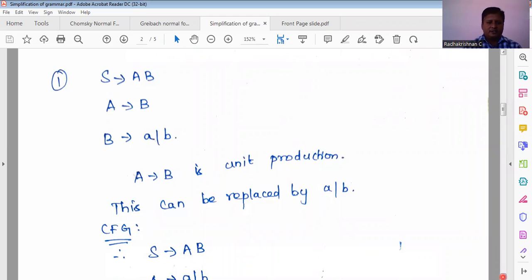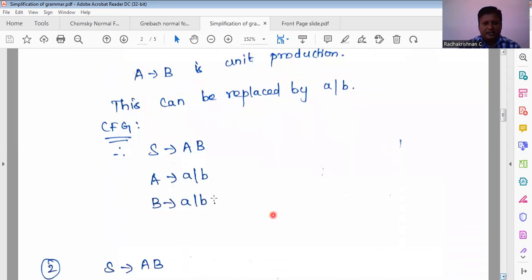Unit production means one non-terminal exactly gives another non-terminal. So here A gives B is a unit production. We need to eliminate it: on the right side of the arrow, the non-terminal capital B is replaced by its corresponding production rule, so the unit production is removed. The simplified context-free grammar is S gives AB, keep as it is.